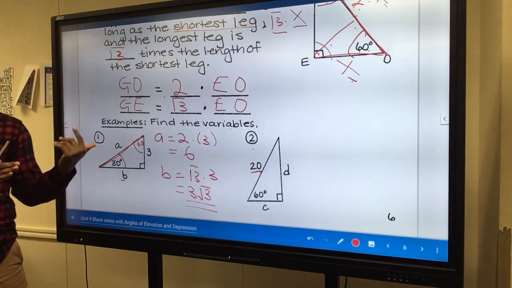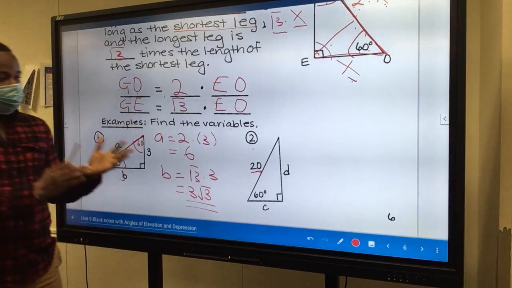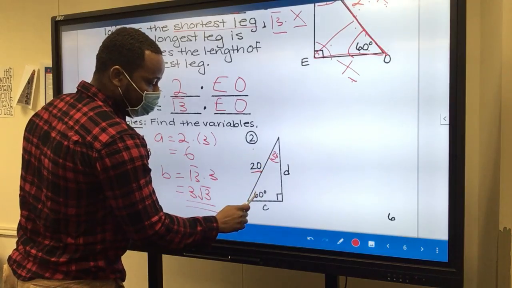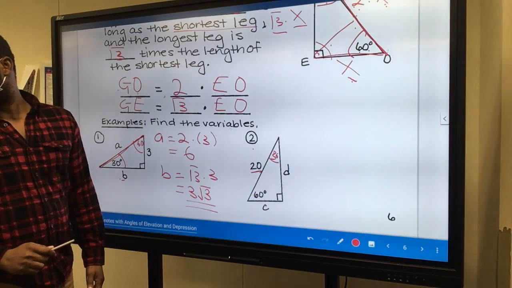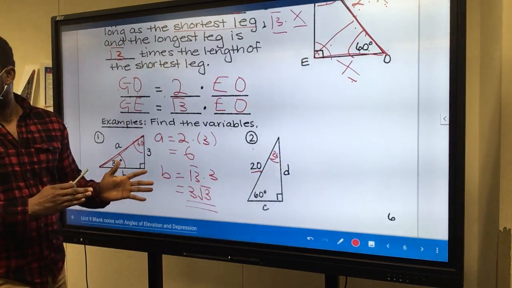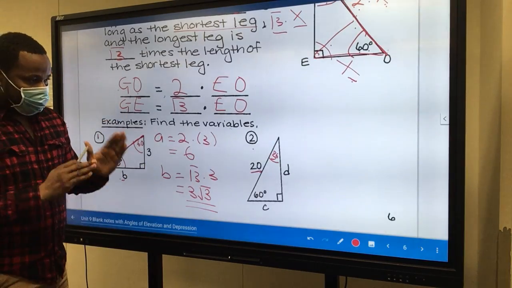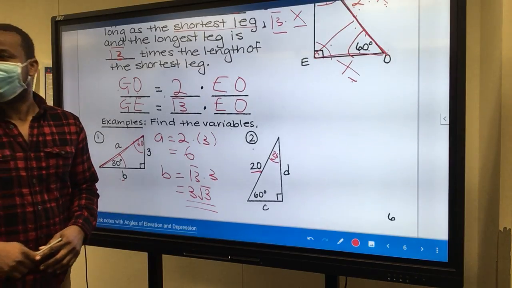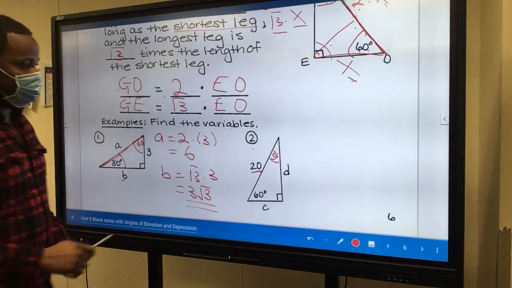Yeah, so we can use our formula. That's the first thing you have to check. This is 30. 30 plus 60 is 90. 90 plus 90 is 180. So it's a triangle, and it's a 30, 60, 90. I'm used to saying 90, 60, 30, but 30, 60, 90 is fine.